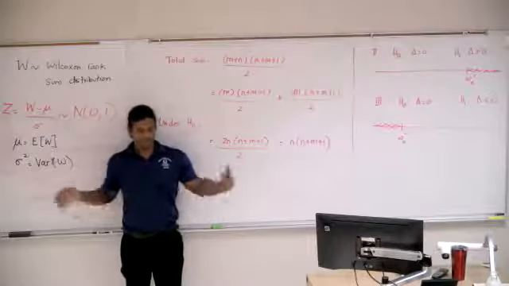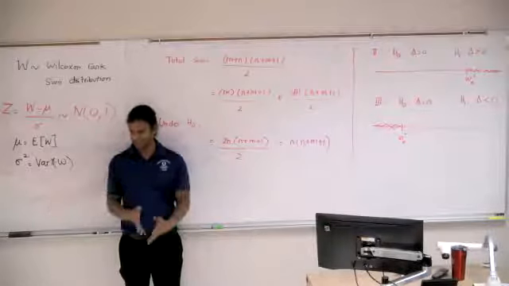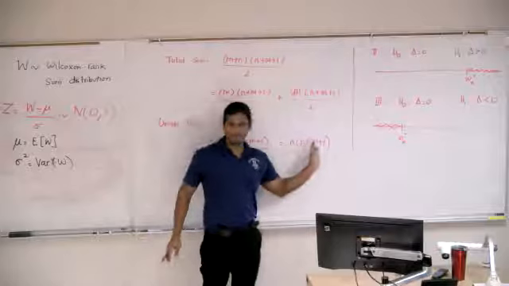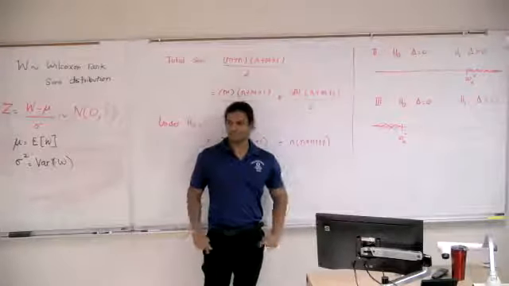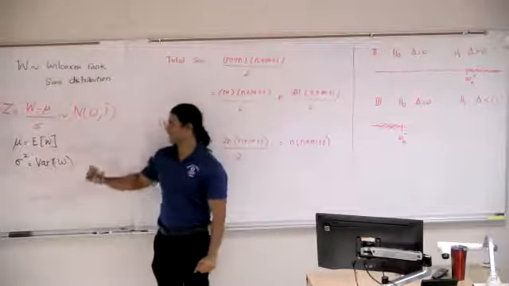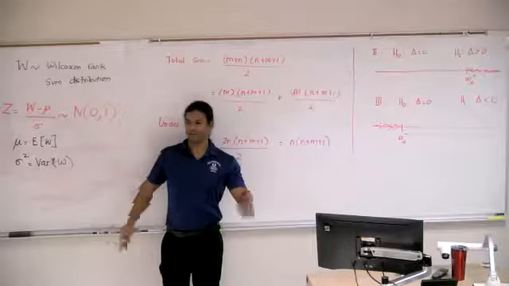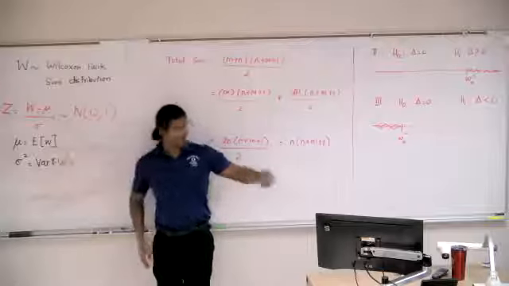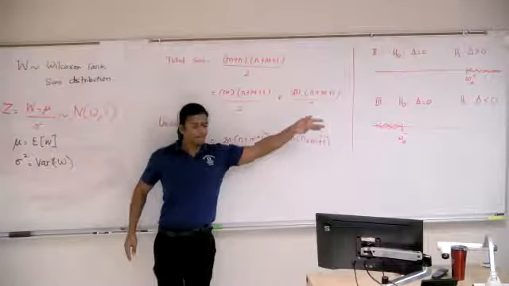The maximum that the total sum could have is n times n plus m plus 1. If that is the case, what would the mean of W be? The total range is 0 through n times n plus m plus 1.